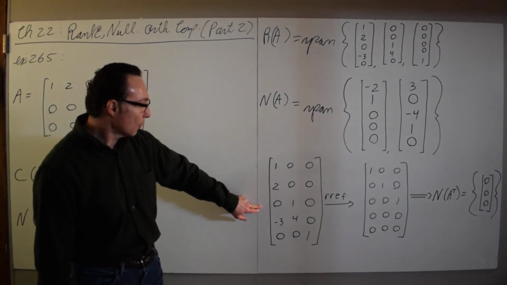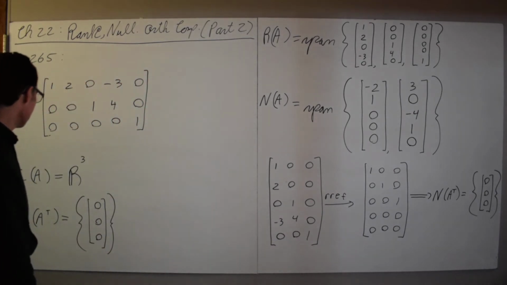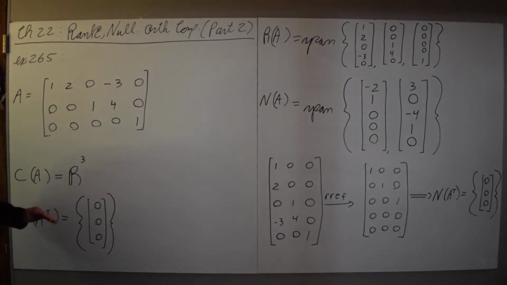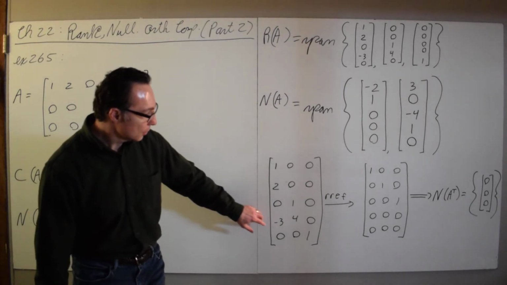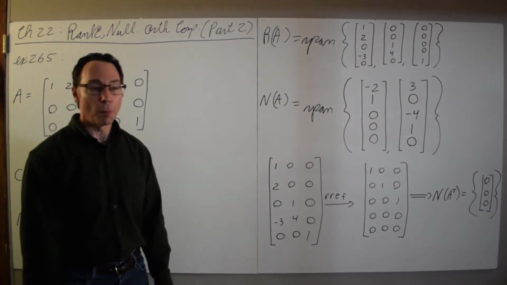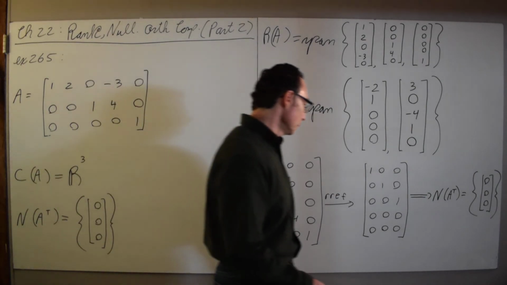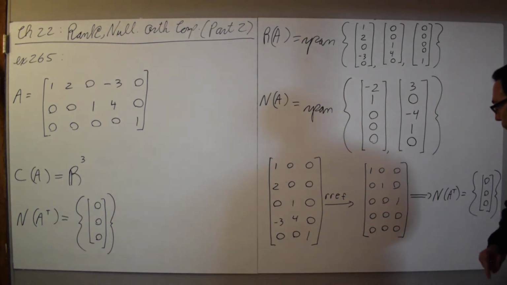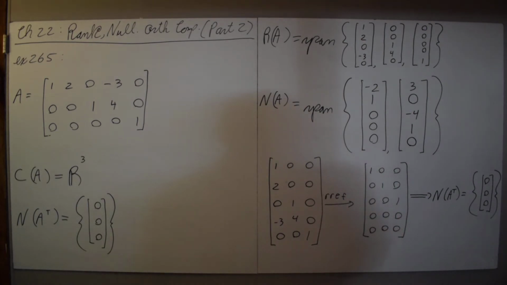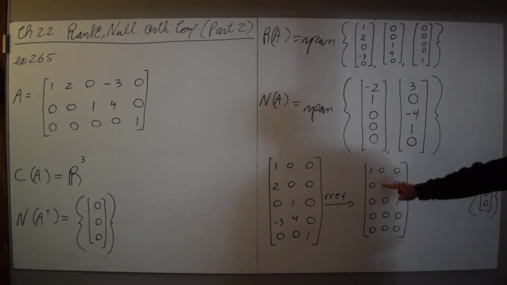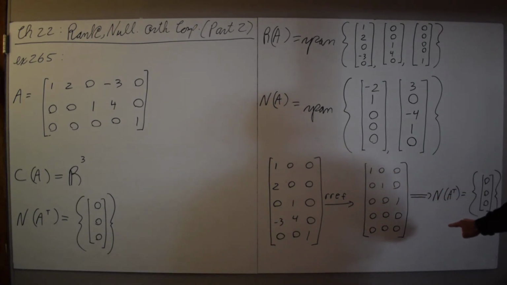We don't have to look for its row space because its row space is the column space of A. But we do want to find the null space of A transpose. So we take A transpose and we put it in reduced row echelon form. The reduced row echelon form has rank 3. We have 3 pivots. So we know that the null space is trivial because we have as many pivots as we have columns. So we found the null space.